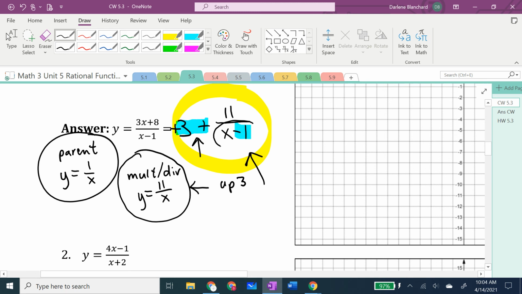Then take a look at this. If the addition or subtraction is with the x, then it's moving it horizontally, but opposite what you would think. Which way are we moving it due to that minus 1? Are we awake? Okay, which way are we moving? Right one.